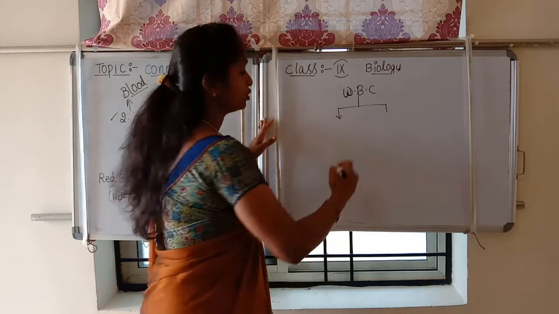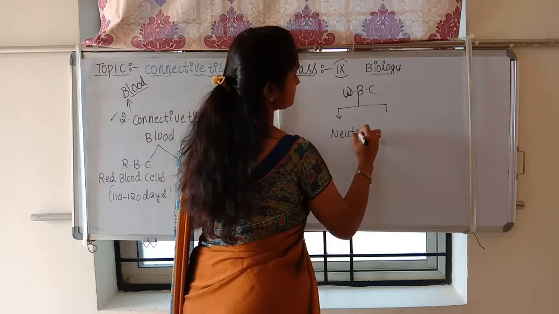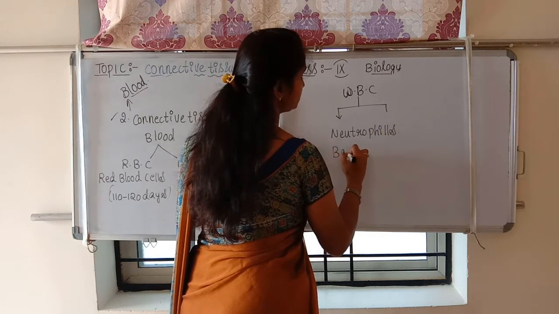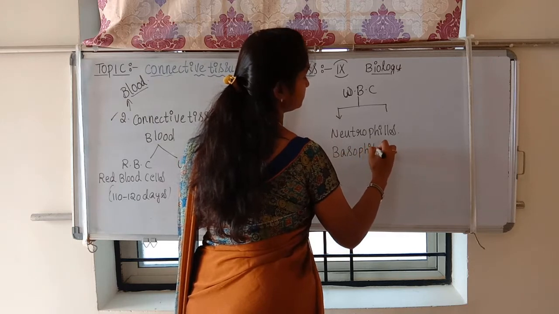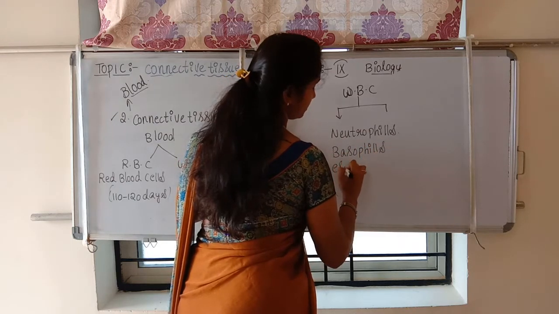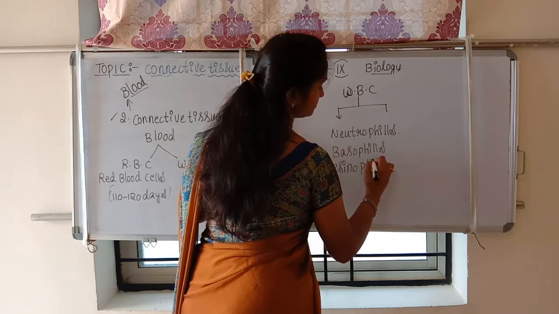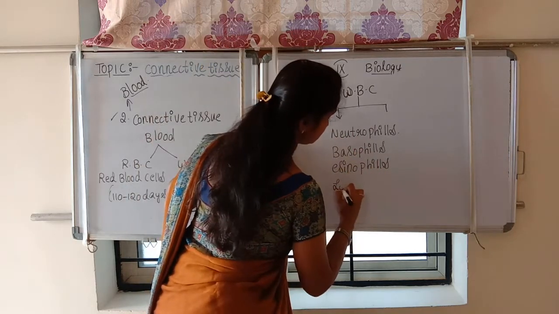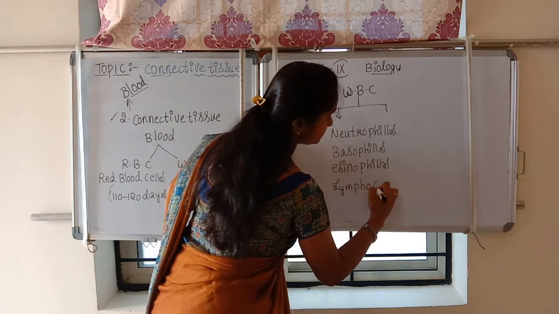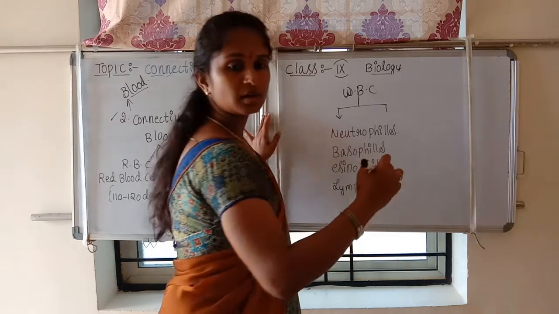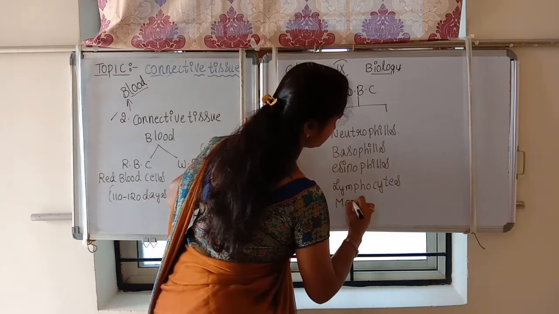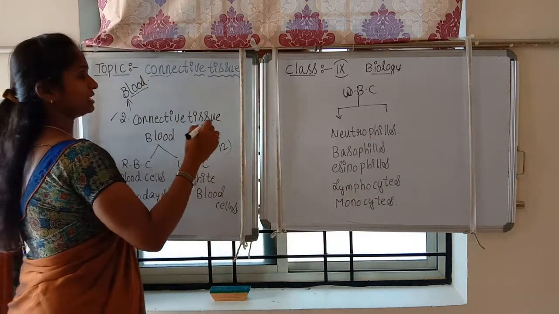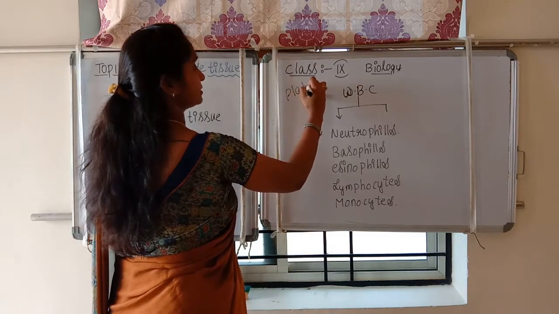Now we will see: neutrophils, basophils, eosinophils, lymphocytes and monocytes. And one more part is present, that is nothing but the platelets.